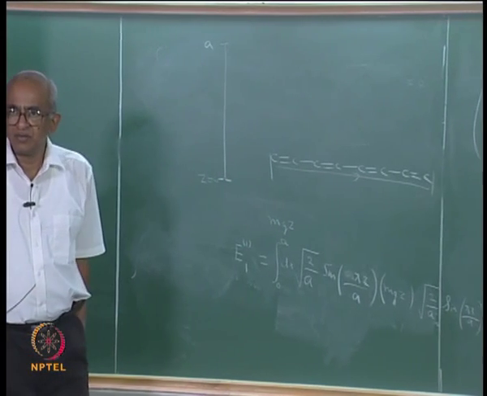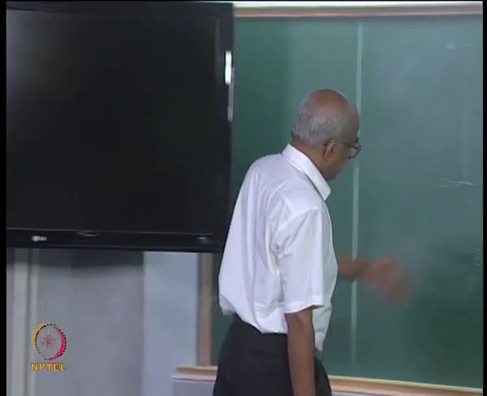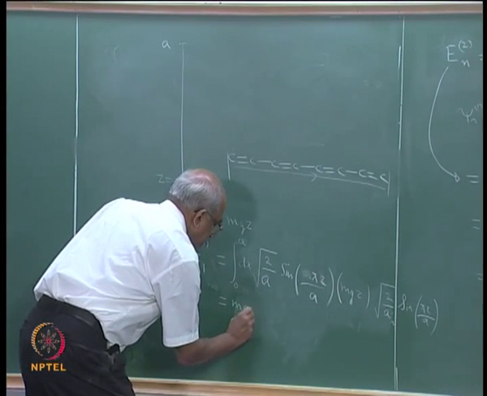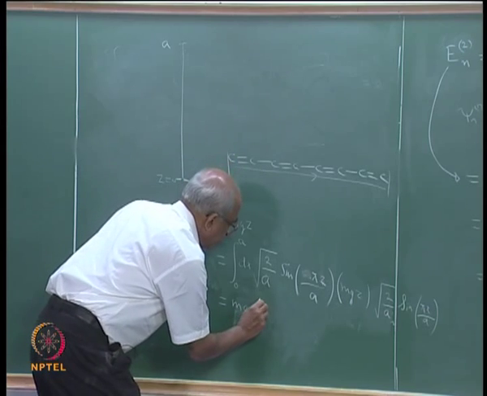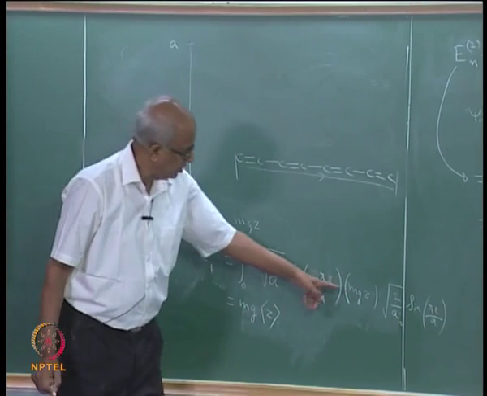So, this will be the first order correction to the energy due to the gravitational force of earth. Actually we do not have to calculate this because we can guess what the integral is going to be. It is actually nothing but mg into the expectation value of z.